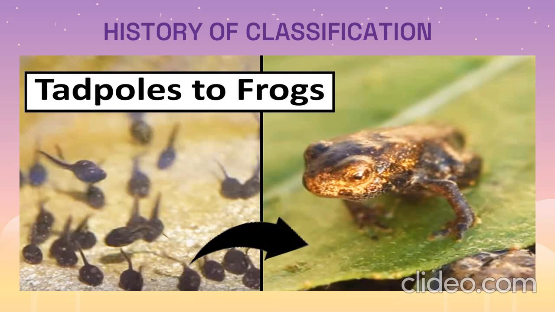Do you know about the frog? Of course you know about the frog. The larval stage of the frog is known as the tadpole. The frog is an amphibian; it lives inside water as well as on land. The frog lays eggs inside the water, and the egg hatches out as a tadpole larva. The tadpole larva has gills and appears like a fish, so it survives inside the water like a fish.